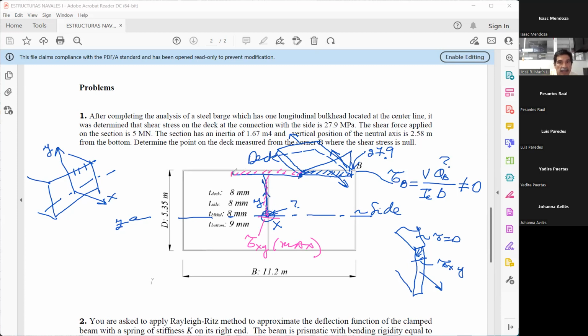Similarly, in these 2 points, the shear stress is 0. So I have one equation to obtain the value here. To calculate Q, I need to consider this part and this part.